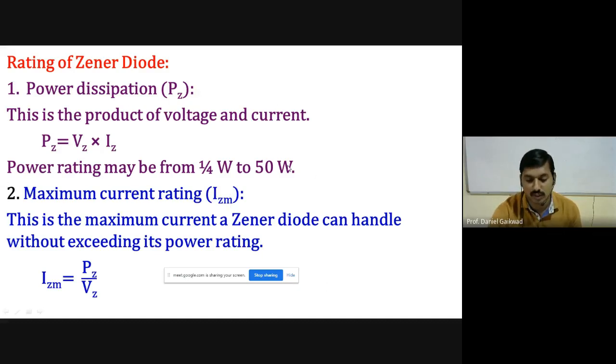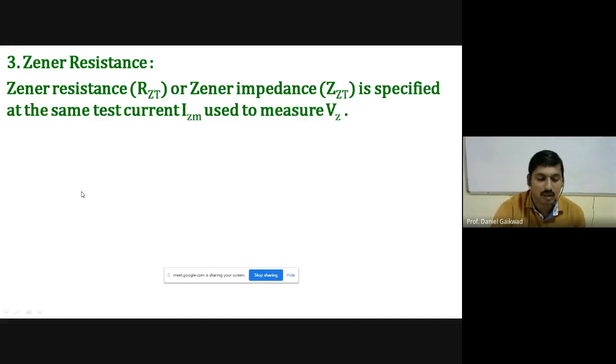Z for Zener and M for maximum, IZM. Again we have the same formula: IZM can be written as PZ divided by VZ. So the same formula for power we rearrange here. Okay, so this is the second rating.